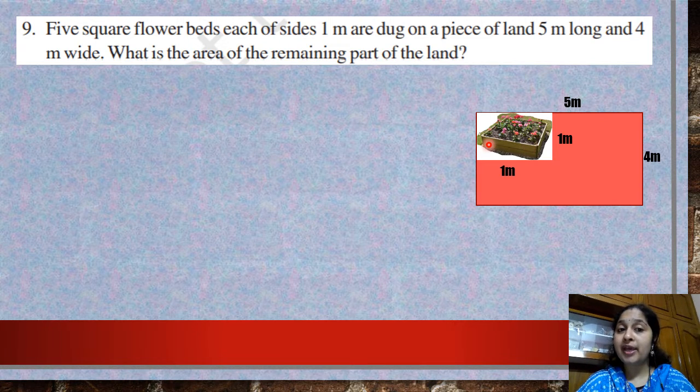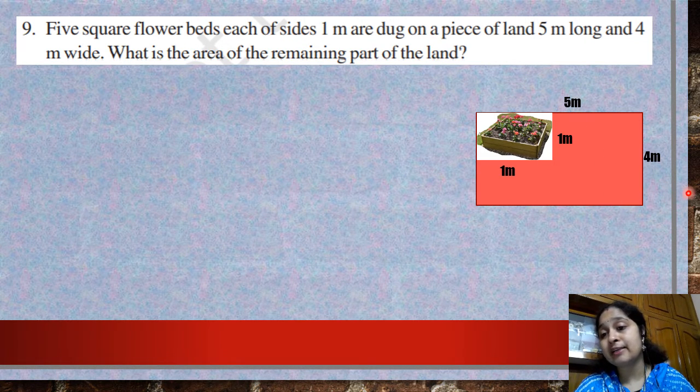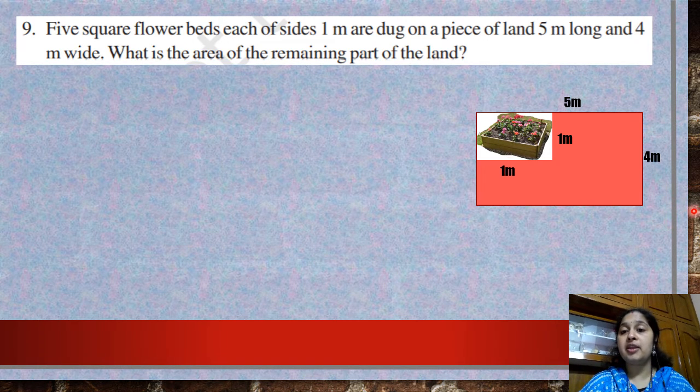So you know the area of 5 flower beds, and can you find the area of this land, children, with the dimensions of 5 meters by 4 meters? Yes. So from the area of the land, subtract the area of 5 flower beds. We get the area of the remaining part of the land.